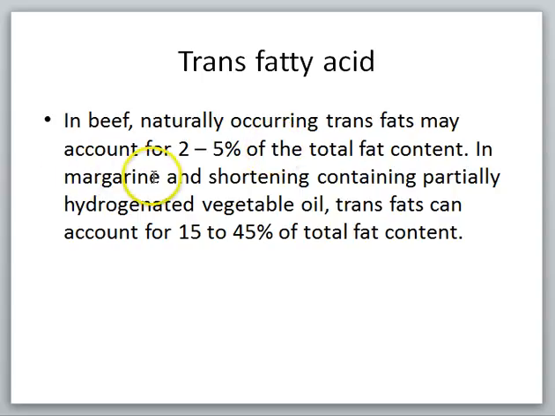But in some of the older margarine and shortenings that contain partially hydrogenated vegetable oil, trans fats could, at least at one time, account for as much as 15 to 45% of the fat content. So, yes, trans fats are naturally occurring, but they occur at a lower rate than what they do in the partially hydrogenated vegetable oils.